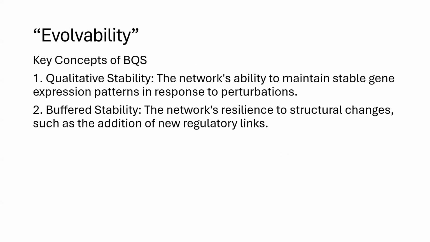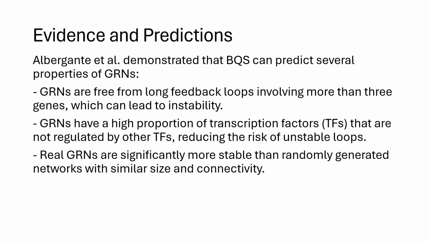Well, the qualitative stability is the ability of the network to maintain stable gene expression patterns in response to certain perturbations. That sounds like a good strength to me, right? Buffered stability, the network's resilience to structural changes, such as the addition of new regulatory links, means that it can take on new functions by adding pieces without necessarily upsetting the entire apple cart.